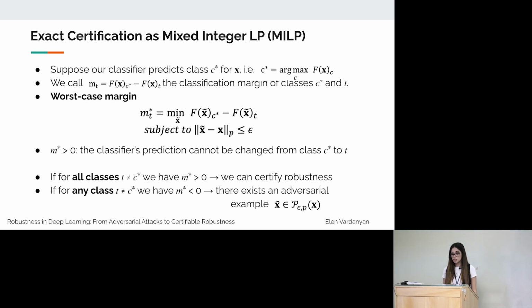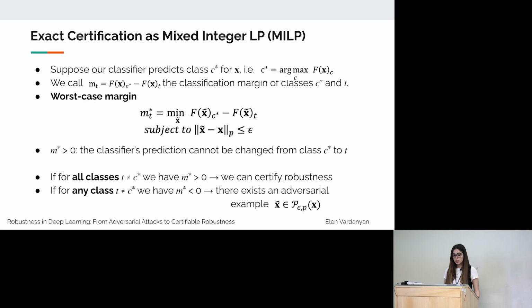But as a formulation, we suppose our classifier predicts class C star for X, the best class, and we call M_T this new notation: the difference between the output of the neural network for the best class, the winning class, and another class T.